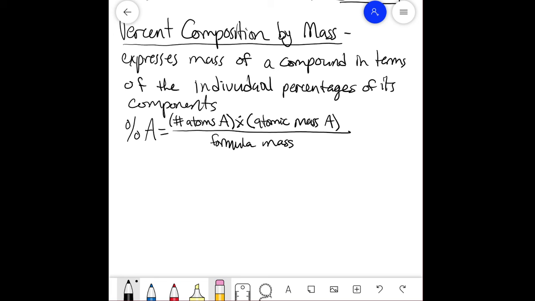And then you would multiply it by 100. Percent is just a unit, so you wouldn't multiply it by 100%. You multiply it by the number 100. And that will give you your percentage.